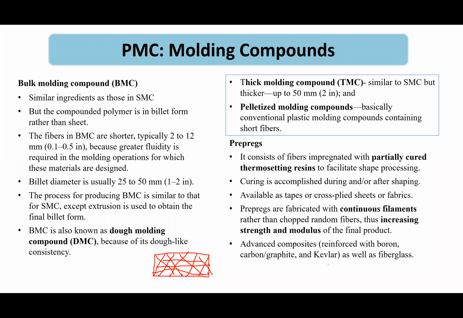Advanced composites reinforced with boron, carbon, graphite, Kevlar, as well as fiberglass and all other natural fibers can also be incorporated to produce the prepreg, and then the prepreg is used to shape the final product.